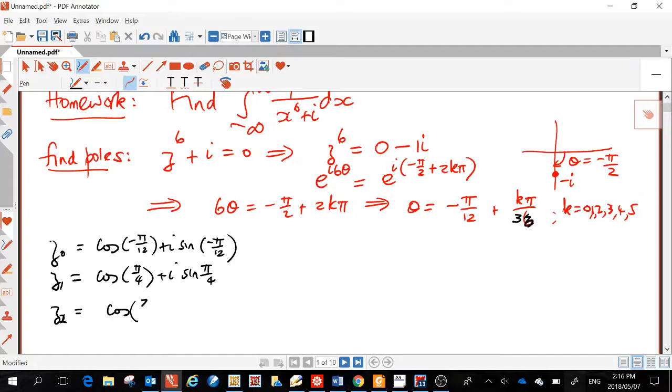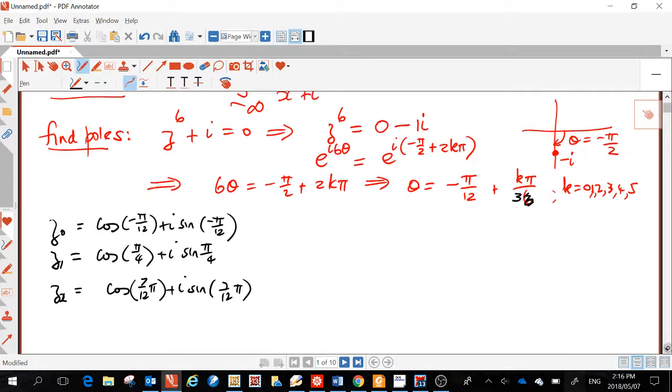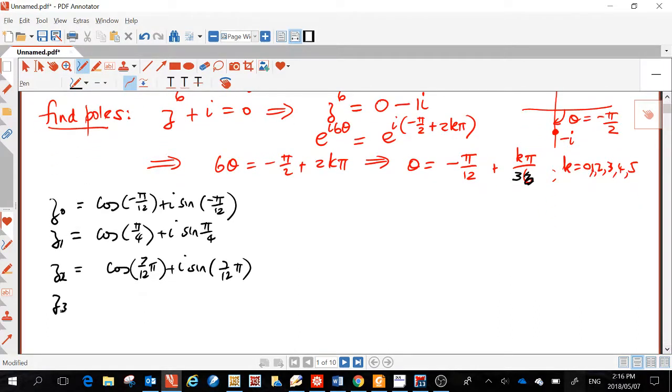So we get cos 7/12 pi plus i sine 7/12 pi, and so on. Let me do z3. It'll be cos of, when I put k is 3, it will be 3 thirds, 1, or 12/12. 12/12 minus 1/12 is 11/12. So I get cos 11/12 pi plus i sine 11/12 pi.